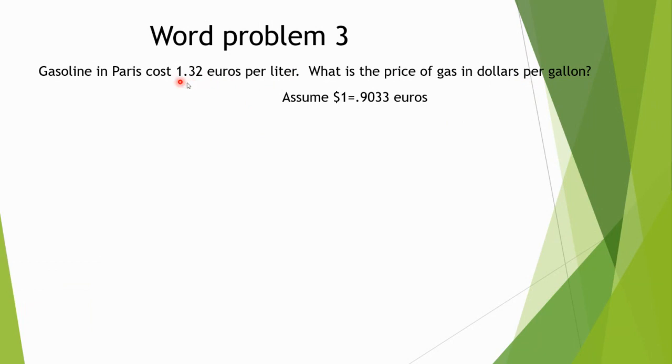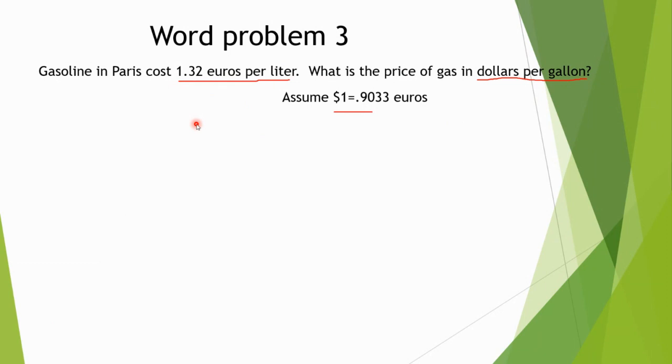So again, we want this to go, and we want to convert that into dollars per gallon. So the euros we convert first into dollars. That's where this comes into play. Then we're going to convert liters into gallons.